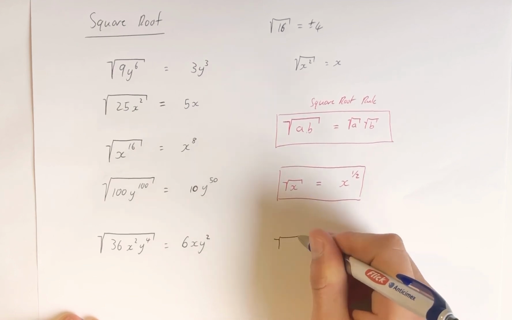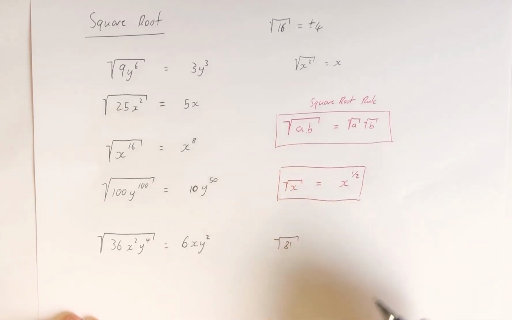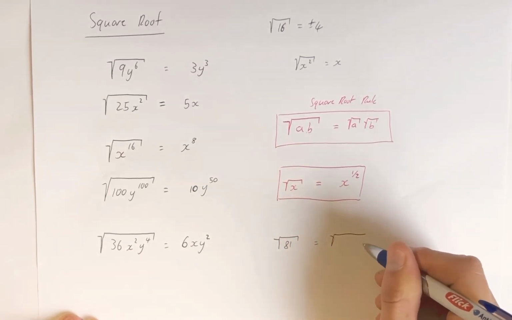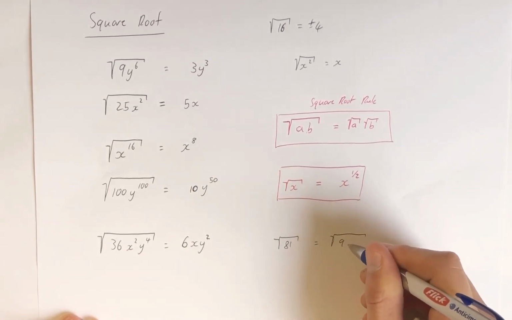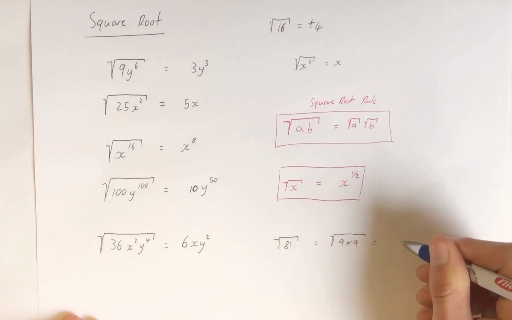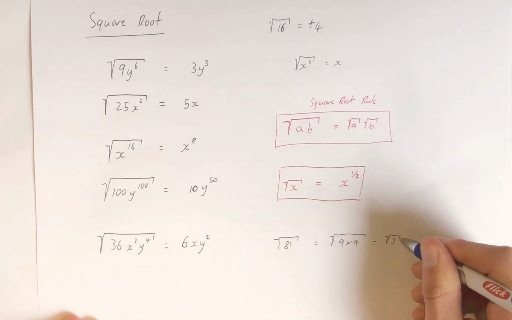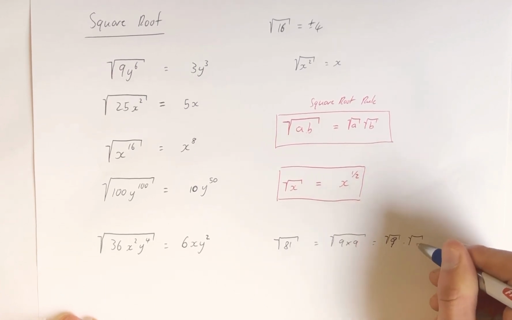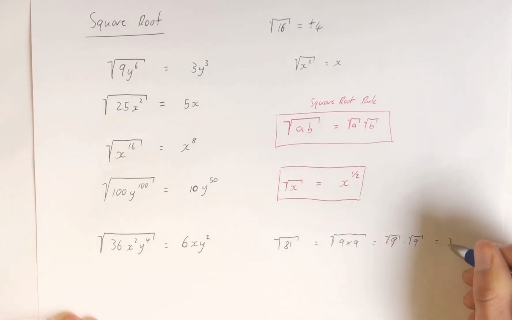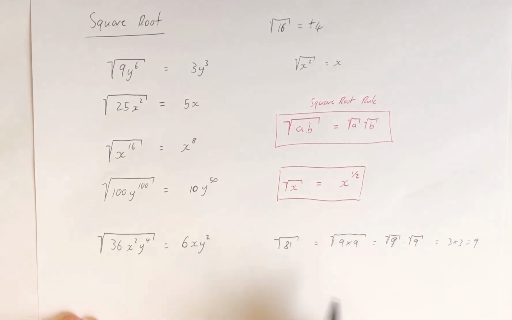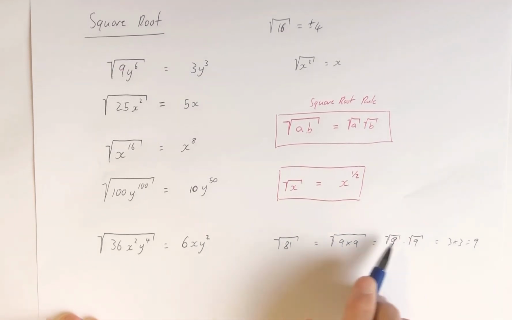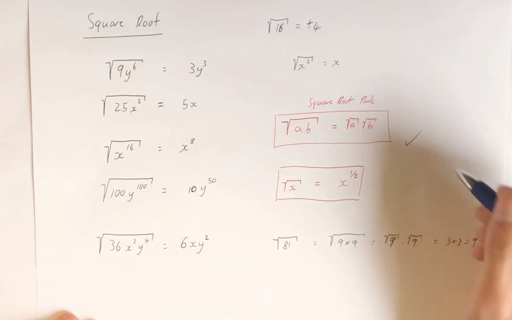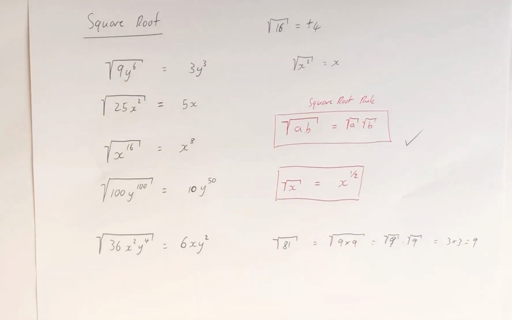Well, square root of 81 we know is 9, okay? But that could be the same as the square root of 9 times 9, which is the same as the square root of 9 times the square root of 9, which is 3 times 3, which is 9. So you can see that rule is working, right? So that's a nice little rule for us to keep in our record of learning.